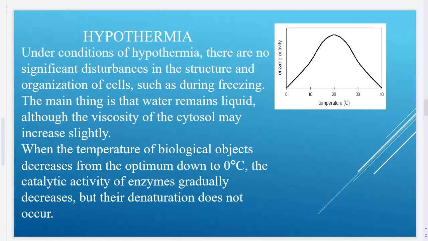Consequently, enzyme proteins can function and easily tolerate temporary cooling up to water crystallization, which makes it possible to maintain some cell activity during hypobiosis of an organism or during storage of a biological object under hypothermia conditions.